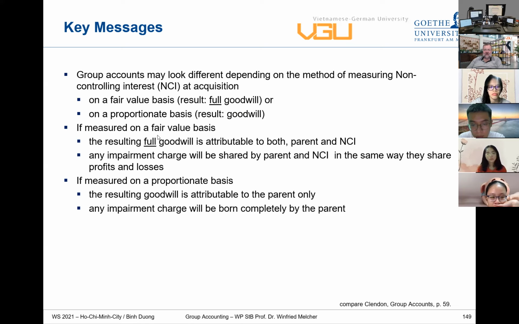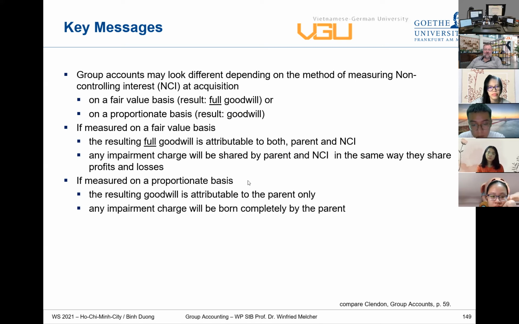So if measured on a fair value basis, then we end up in a full goodwill, and that will be allocated to both the parent and NCI. Any impairment charge will then be shared by the parent and also the minorities in the same way. They share profits and loss.